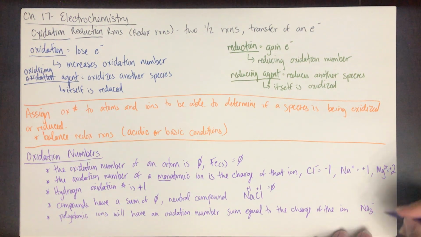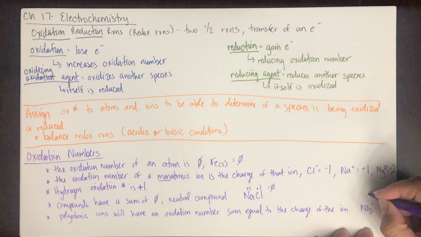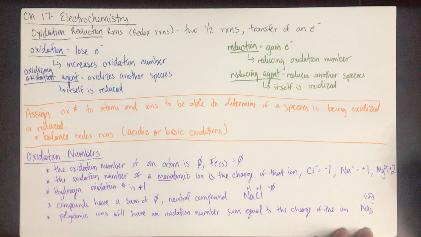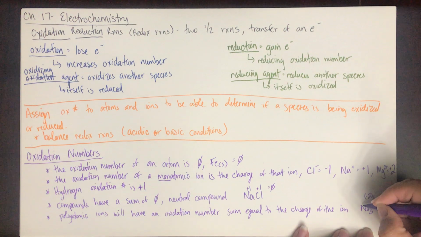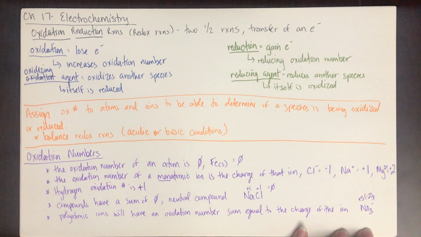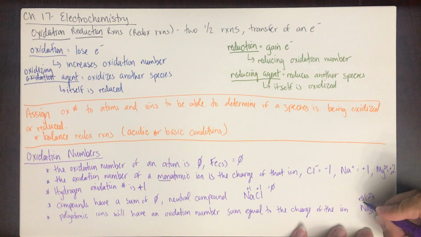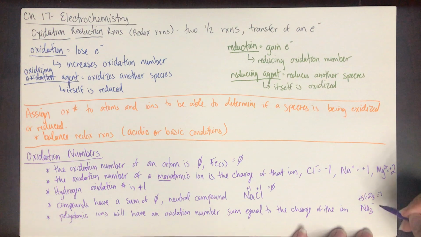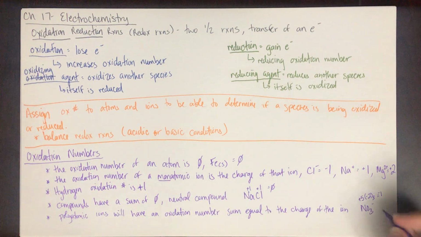So oxygen has an oxidation number of -2, and I have 3 of them, so that's -6. That means that this nitrogen must have an oxidation number of +5. +5 plus -6 is -1. We haven't covered this yet. I will teach you how to do this. But just as an example, the polyatomic ion has a sum equal to the charge on that polyatomic ion.